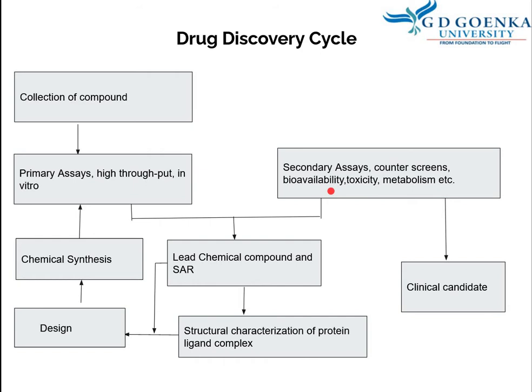Thereafter, during secondary assays only, the physicochemical characterization of the lead is done. Their study in animal models or in vitro cell lines is done in order to establish their toxicity and metabolism in animal models or bioavailability in cell lines.